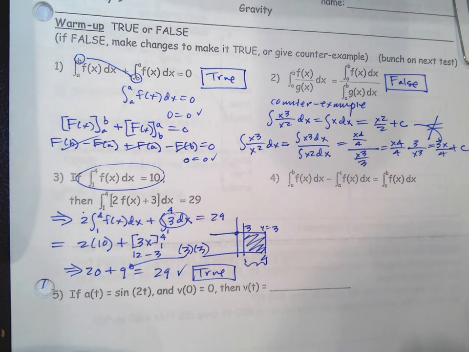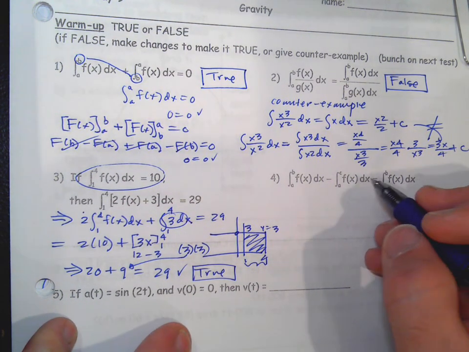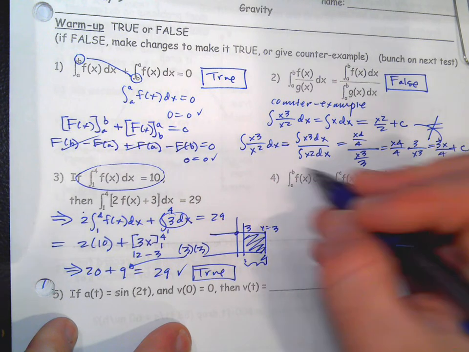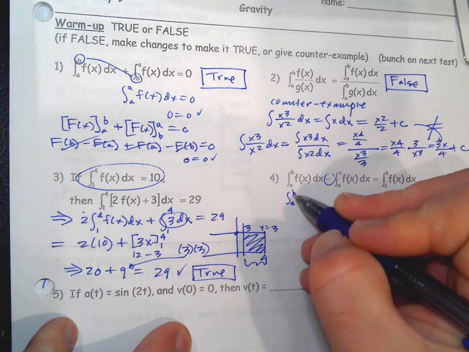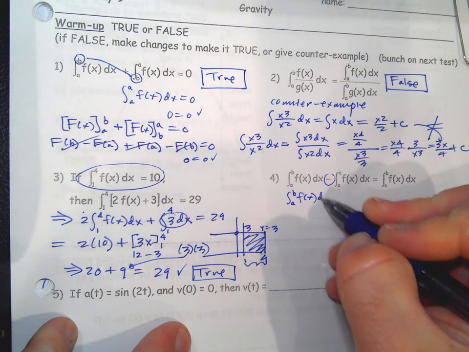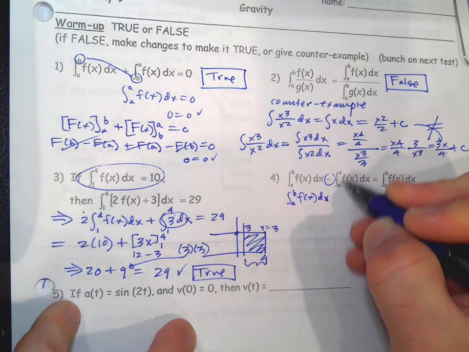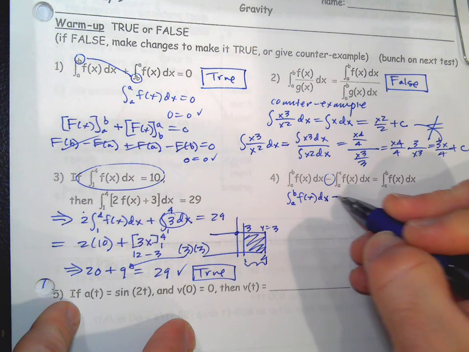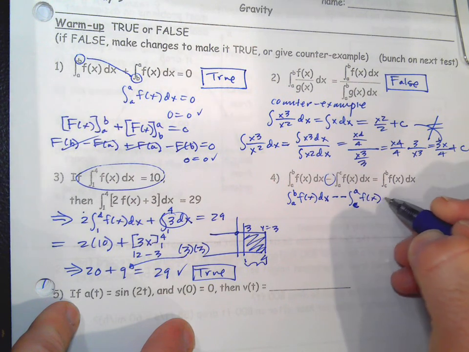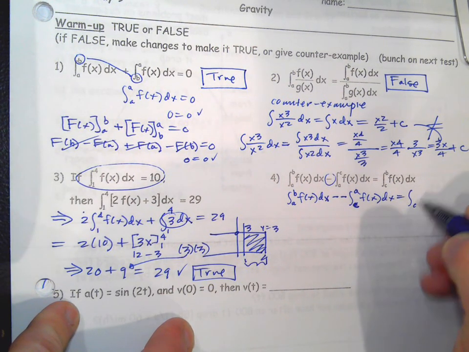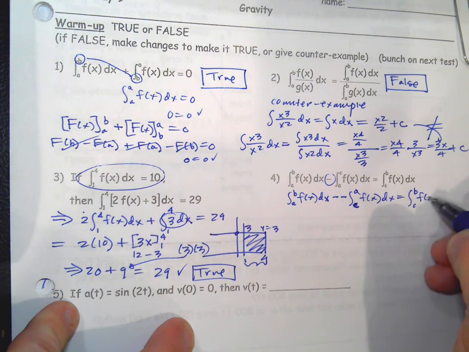There you go. Next one. Now, we can't hook these together for minus, but if it's plus, we might say we could rewrite this and flip these limits, and that would give you an extra negative, which would then give you a positive.